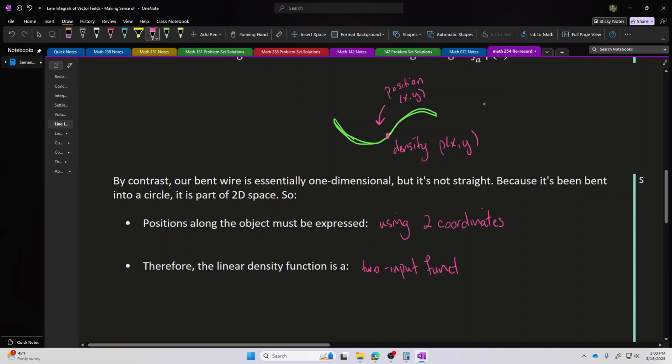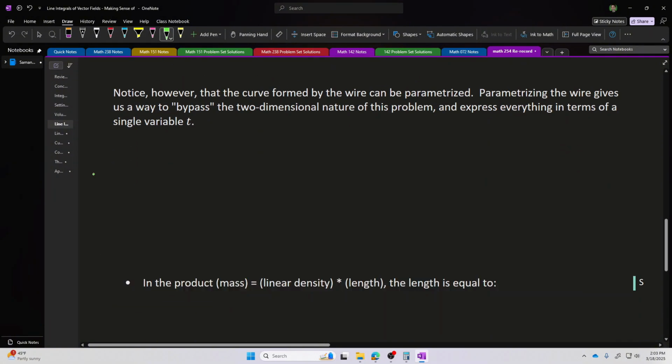Now let's go ahead and parameterize this curve. So I'm going to let r of t be a parameterization for my bent curve, my bent rope or wire.